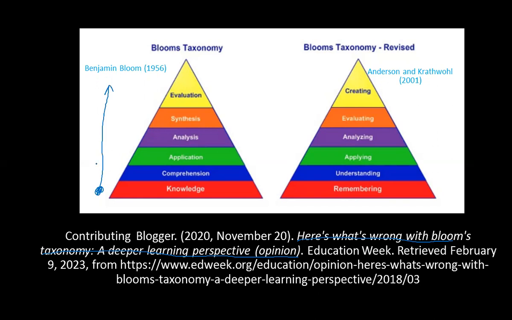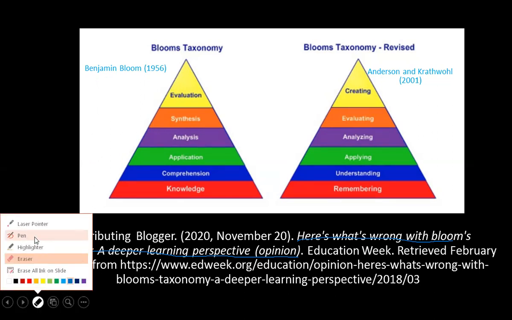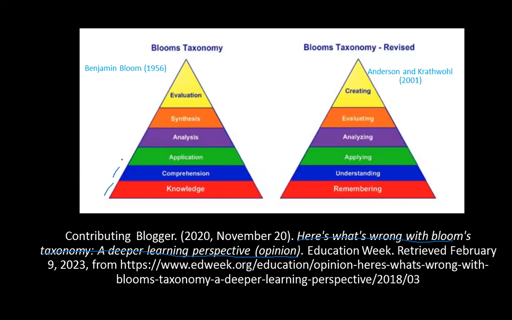So let's start with the first three. Sa first three, dito sa chart na to, is knowledge, comprehension, and application. Ito yung three lower levels of thinking. So first, let's start with knowledge. Basically, ano yung alam mo? Okay? Yun yung knowledge.